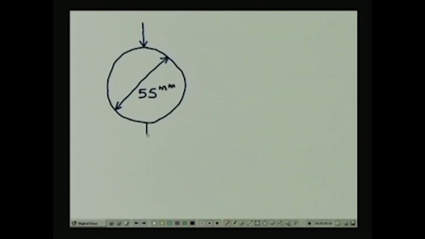We have got a core sample, and that core sample has got a diameter of 55 millimeter, and this particular core sample was subjected to a point load test, and when P became equal to 17,000 meganewton, this particular core cracked.